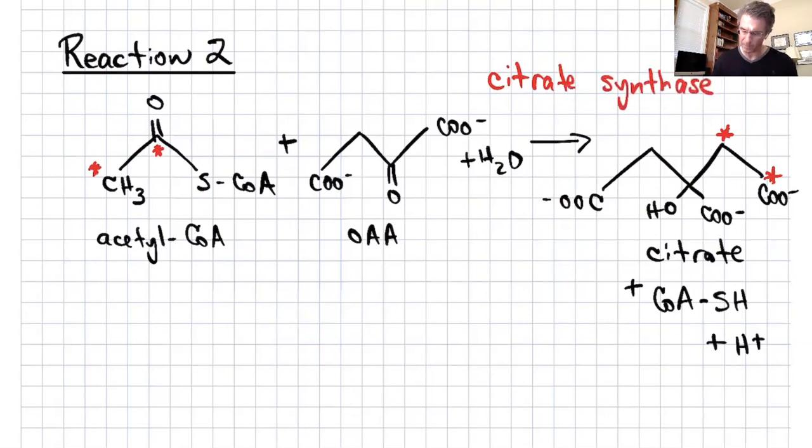Super important enzyme right here at the entry to the main part of the TCA cycle. Free energy of this reaction is quite favorable. Delta G naught prime for this reaction is like minus 32 kilojoules per mole. So it's a super favorable downhill reaction right here at the beginning of the TCA cycle.